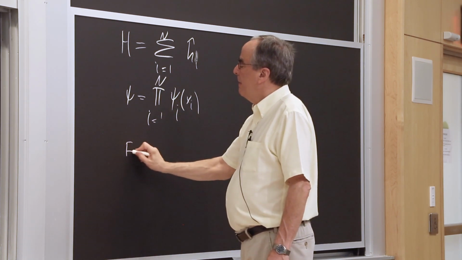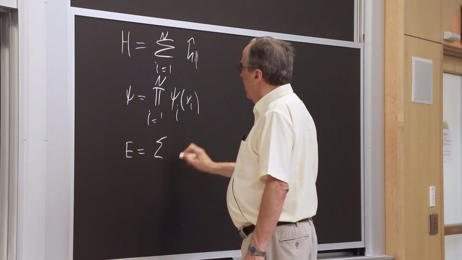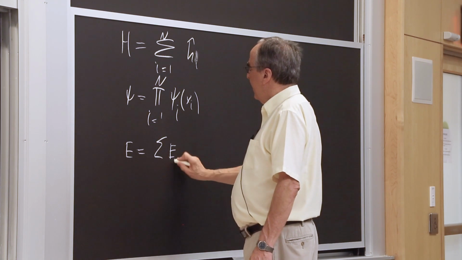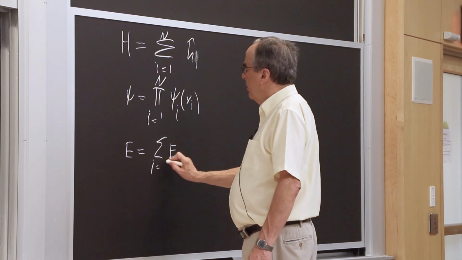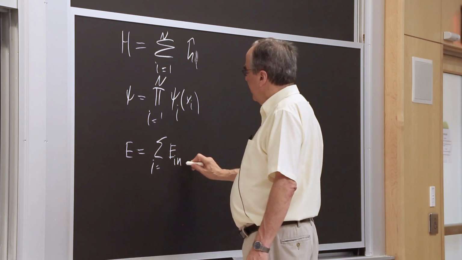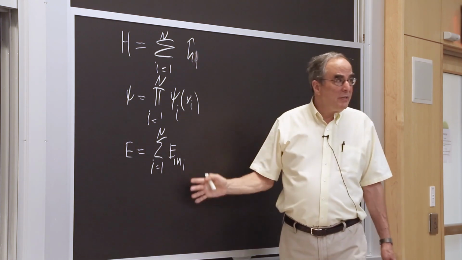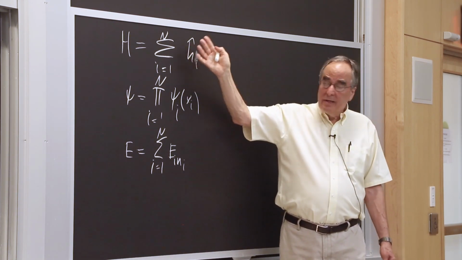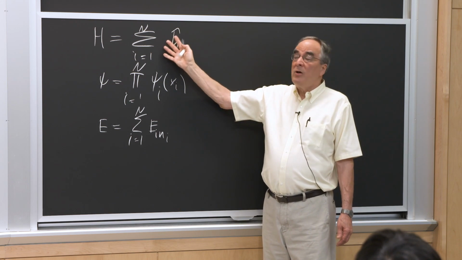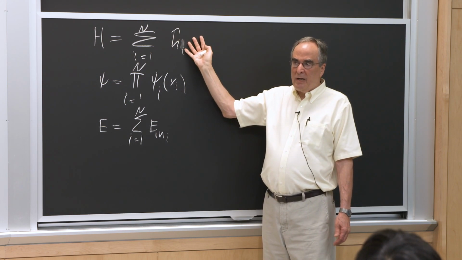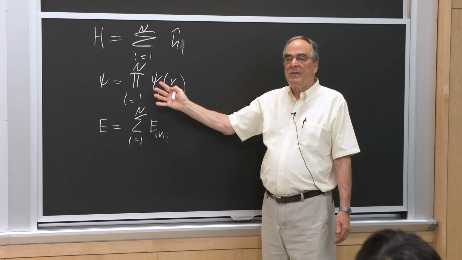And the energies will be the sum of E_i, n_i, i equals 1 to n. So this is really easy. If we have simply a Hamiltonian which is a sum of individual particle Hamiltonians, we don't even have to stop to think. We know the wave functions and the eigenvalues.